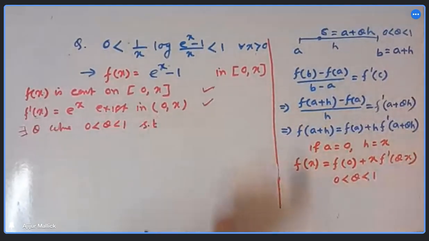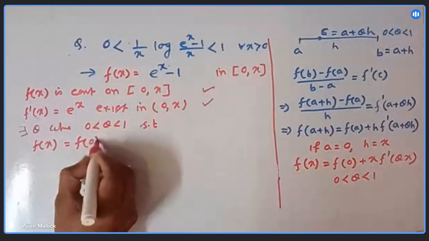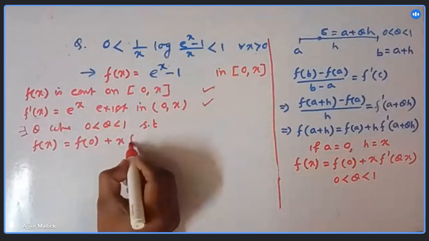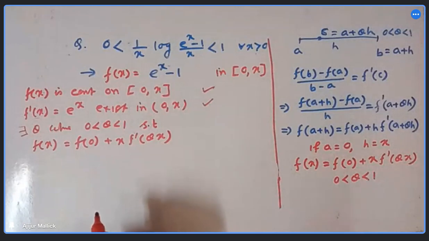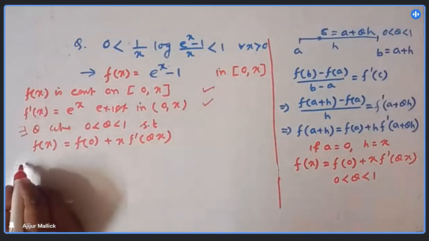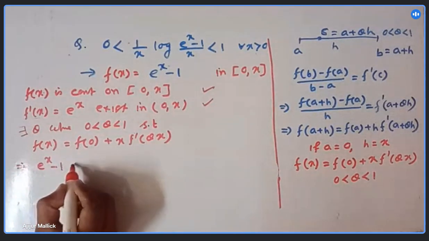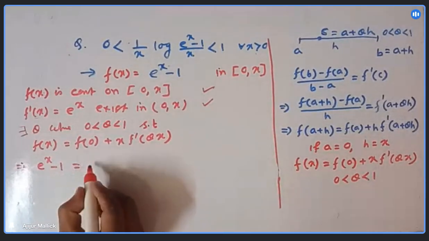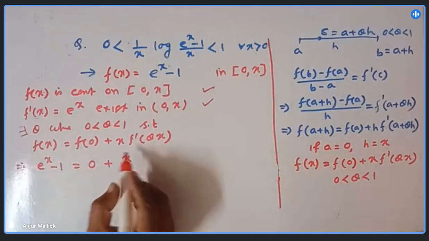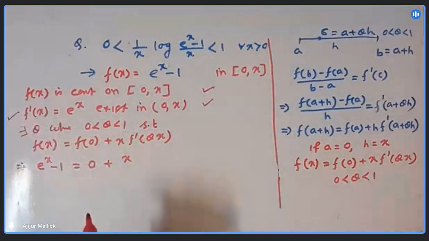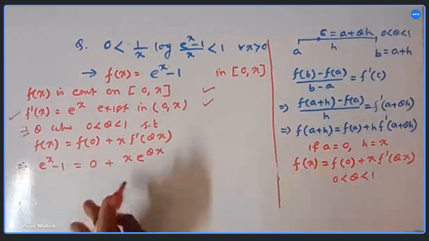Such that f(x) is equal to f(0) plus x into f dash theta x. So what are you getting? e to the power x minus 1 is equal to f(0), which is 0, plus x into f dash theta x. Here f dash x is equal to e to the power x, so f dash theta x is e to the power theta x.